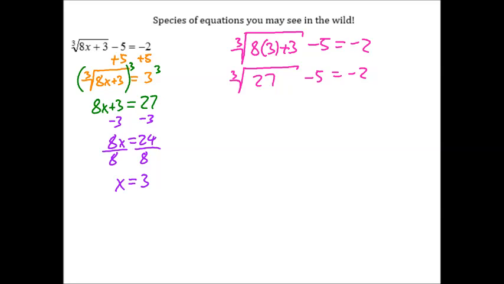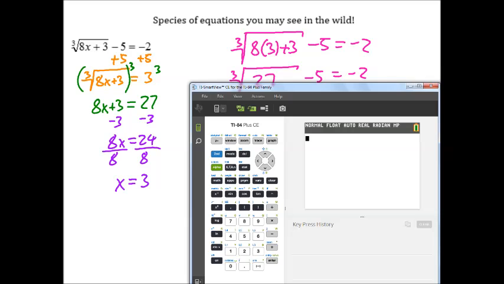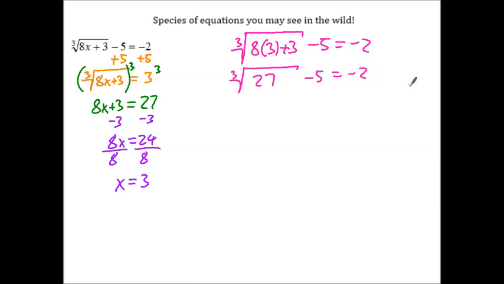It is actually 3 cubed. But if you're not sure why, don't we use a calculator? Math, and 4 will get you to the cube roots. Cube root of 27, enter, and yes, that's indeed 3. So 3 minus 5 is equal to negative 2, or negative 2 is equal to negative 2, and this solution checks out.